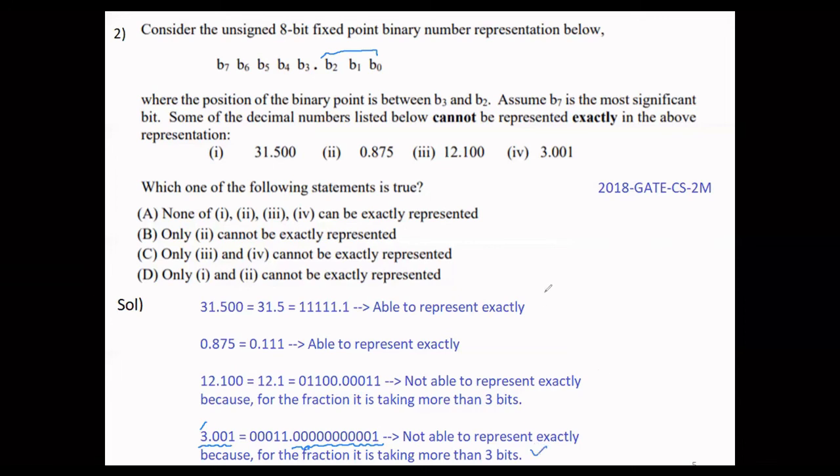So our conclusion is that the first 2 options can be represented exactly. The next 2 options cannot be represented exactly. Here option C is correct. Only 3 and 4 cannot be exactly represented.